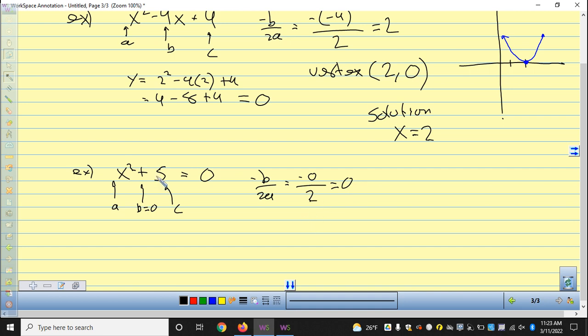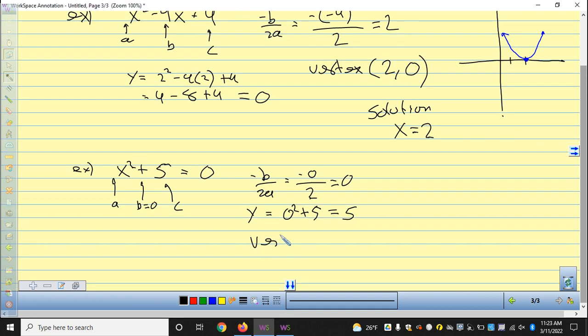And the y-intercept is 5. And actually, what I'm going to do is plug this in. y equals 0 squared plus 5, which is 5. So the vertex is at 0, 5. So my vertex is up here.